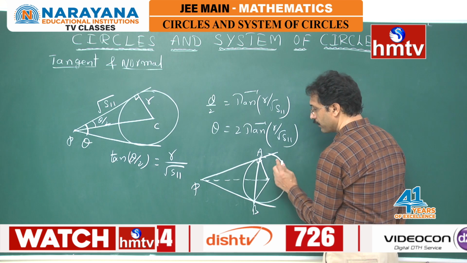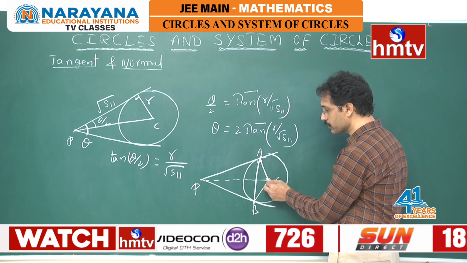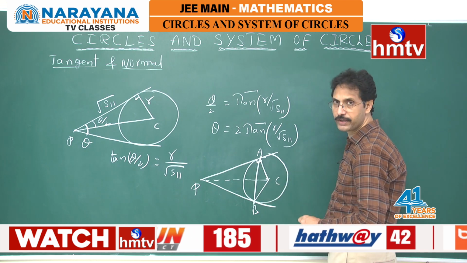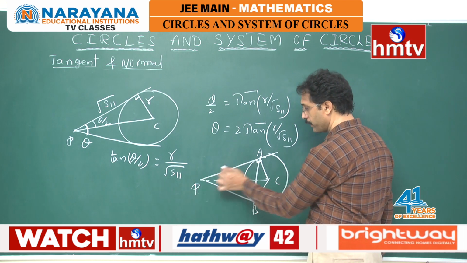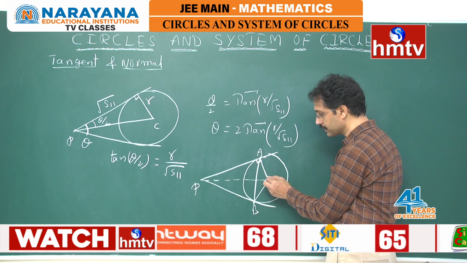If a circle is passing through A, B, P, it also passes through the center. Why? Because the angle in a semicircle is always 90 degrees. So the circumcircle of PAB will also pass through the center C.